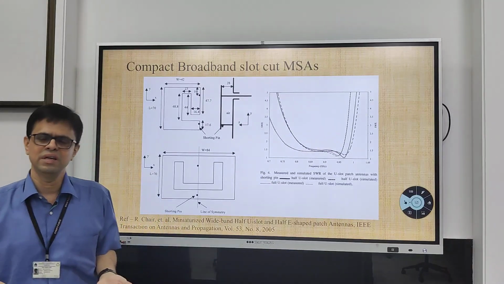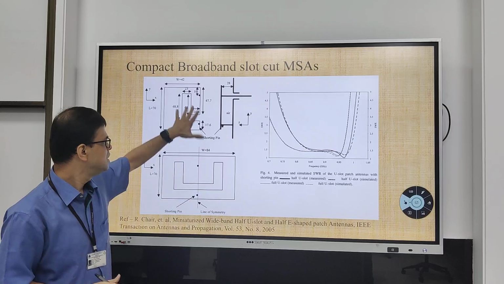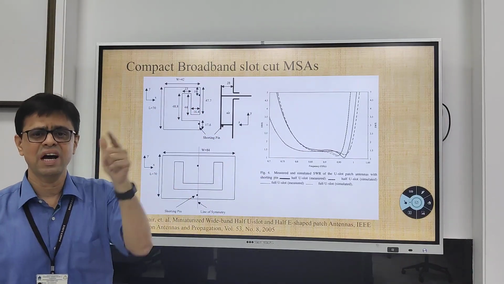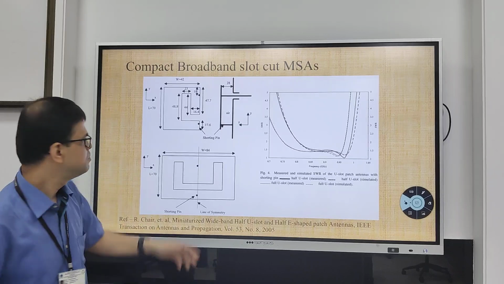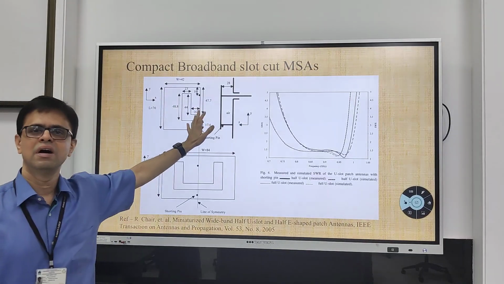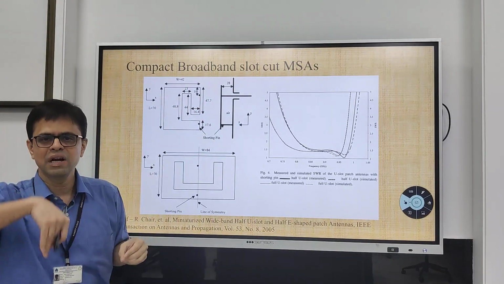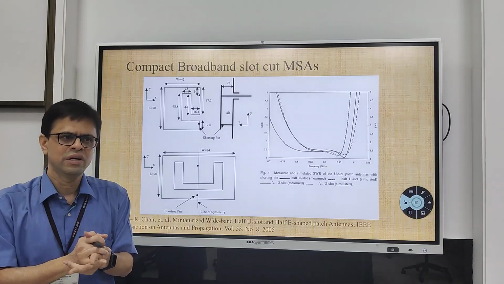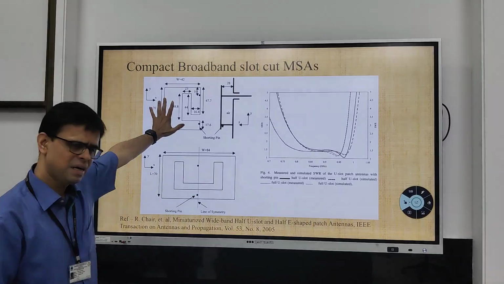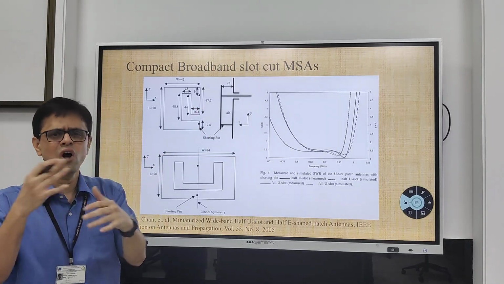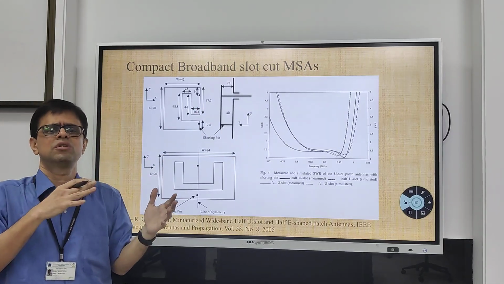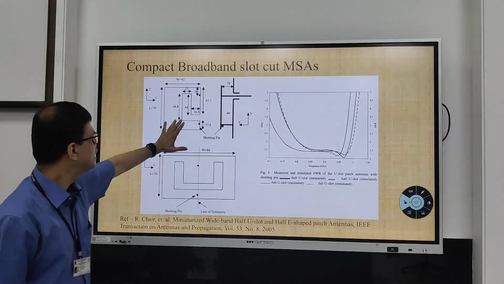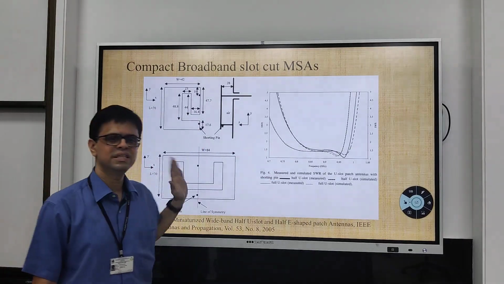Over the last few years, it is found that in fact the slot is modifying the resonance frequency of the higher order mode of the patch, which may be a 3 lambda by 4 mode or other modes, and that with the fundamental mode is increasing the bandwidth. That information is available in the literature, you can refer to that. Otherwise, the simple understanding is the slot is redistributing the resonant modes of the patch depending upon the slot position and the feed position, and with the fundamental mode it is increasing the bandwidth.